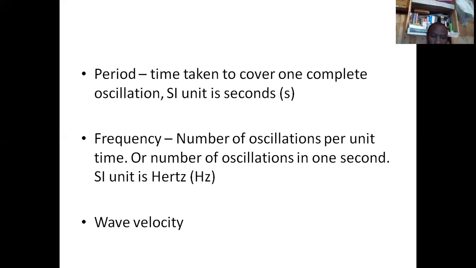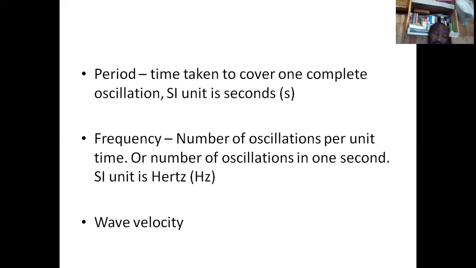Then we also talk of wave velocity. This is the speed that the wave is traveling in the specified direction. And how do you compute the wave velocity? You divide the wavelength by the period.